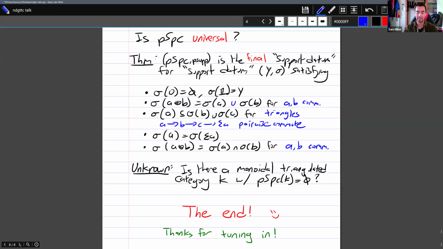So there's really only one prime thick tensor ideal, and that is just the zero object. Wait, is that right? I might be getting ahead of myself, but the point here is that the prime thick tensor ideals of this sort of weird triangulated category will not coincide with the usual tensor ideals.